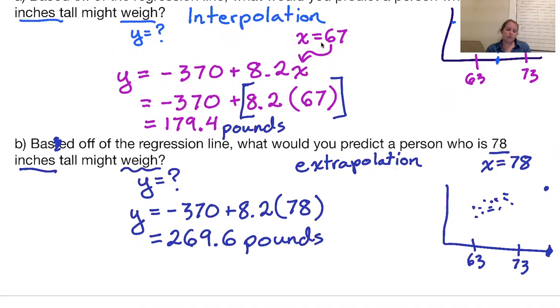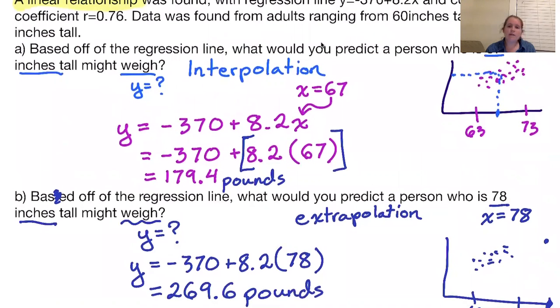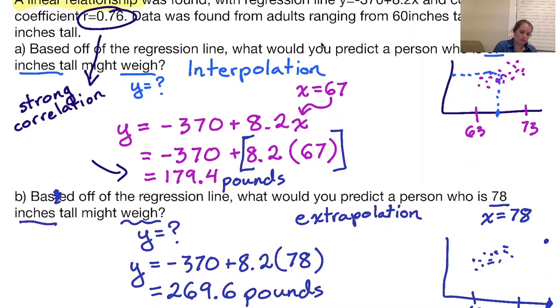So this first one is reasonably likely to be accurate. We had a strong correlation, and it was an interpolation problem. So just a note that since we had a strong correlation, based off our correlation coefficient and interpolation, we could expect our prediction to be somewhat reasonably accurate.